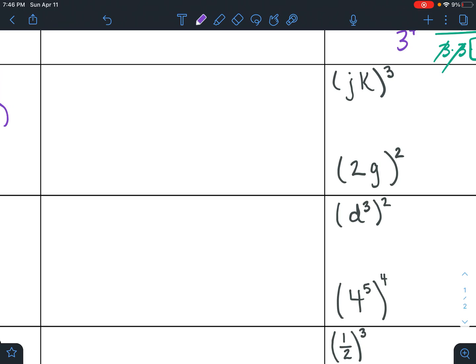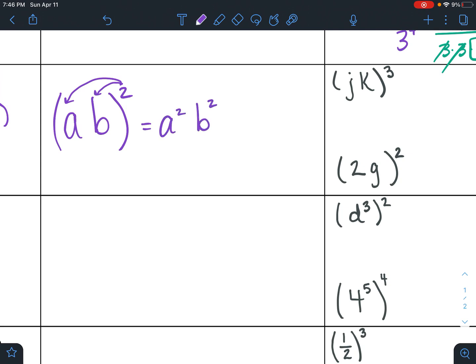So, how this works. Say I have an A and a B inside. Say I got a 2 outside. Again, A and B can be anything, right? 2 can be anything. What I'm going to do is take this 2, and I'm going to quote unquote distribute it to everybody inside. So that gives me A squared and B squared.